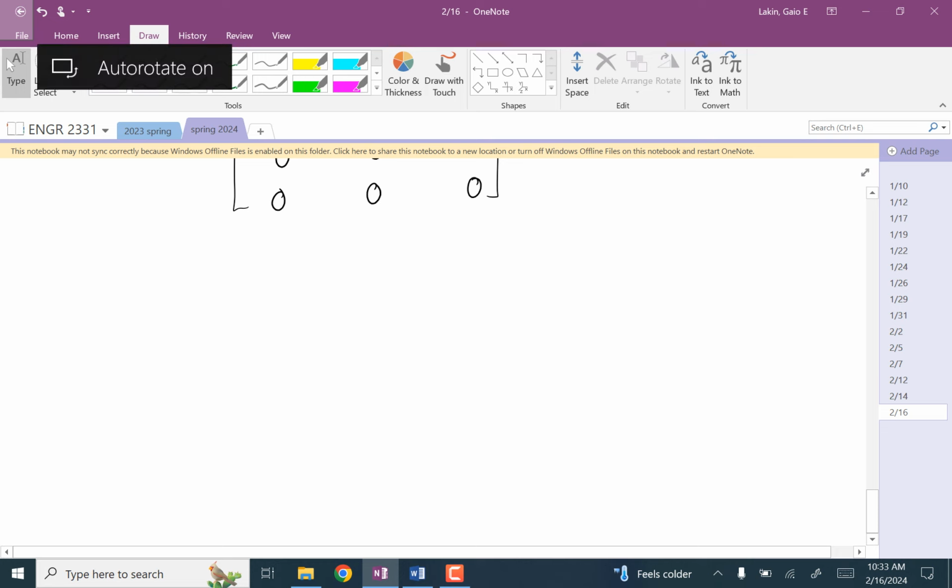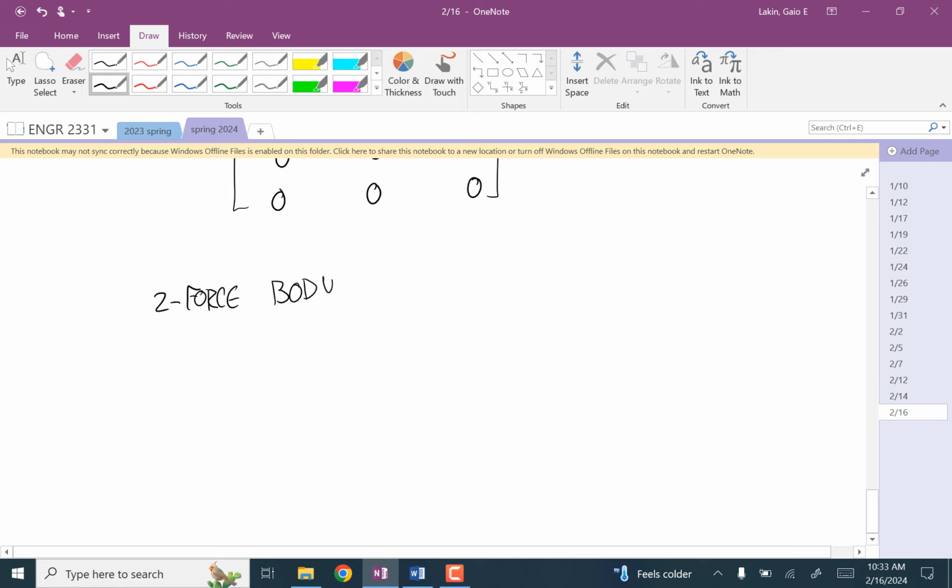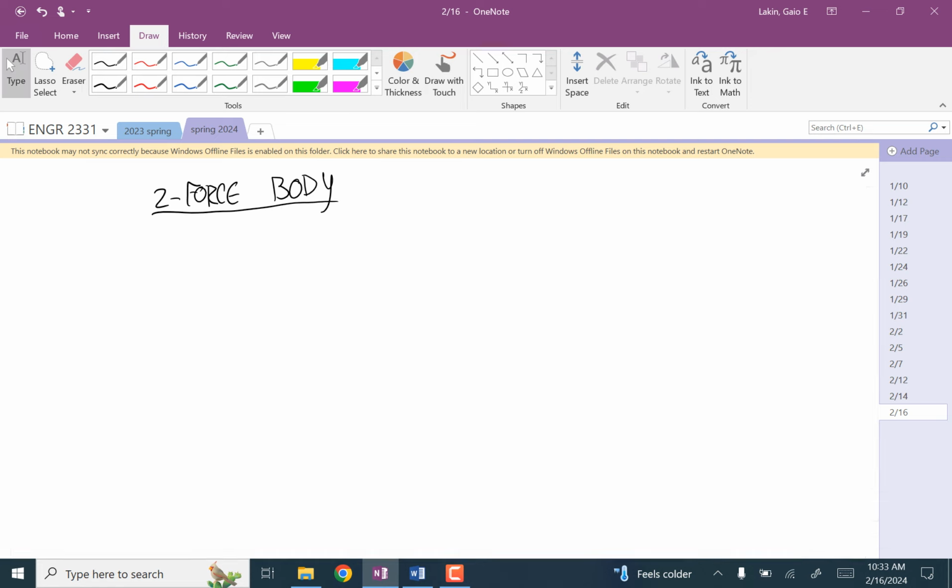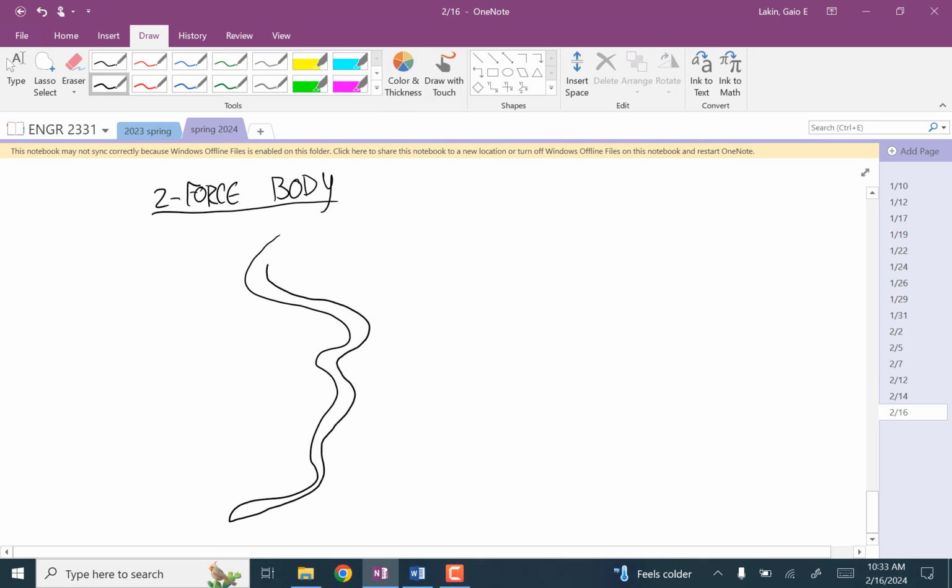Okay, so a two-force body. Let's say that the body is this, and you have forces here and here. What's required?